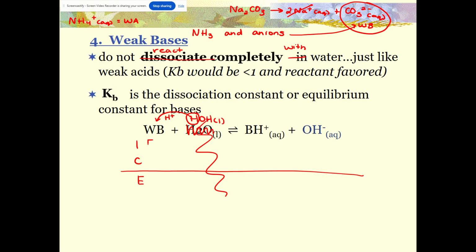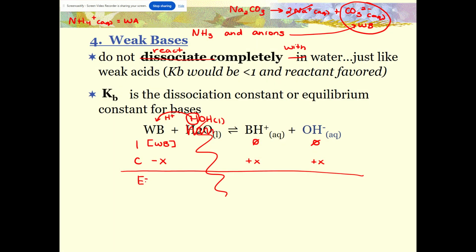I have an initial concentration of my weak base. I'm just going to put concentration of weak base, whatever the question gives you. I have no products to start. My weak base is going to go down by a small amount because it's barely ionizing. This reaction is barely happening. The products are going to go up by a small amount.